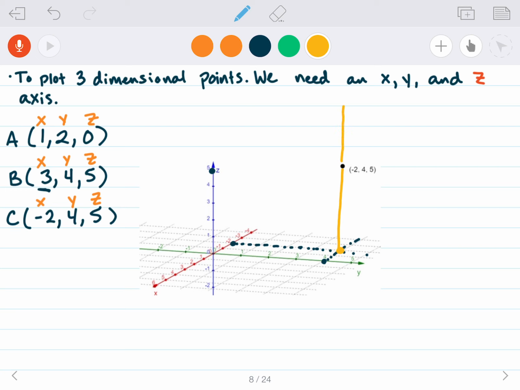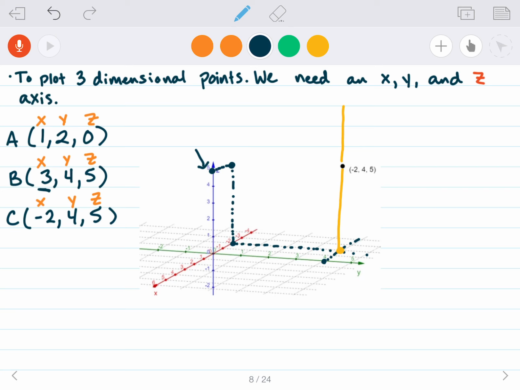So the first thing is from z equals 5, I'm going to travel along the x-axis -2 units. So I'll draw this guy parallel to the z-axis, and I'm going to travel along this guy parallel to the x-axis 2 units, and so I stop here.